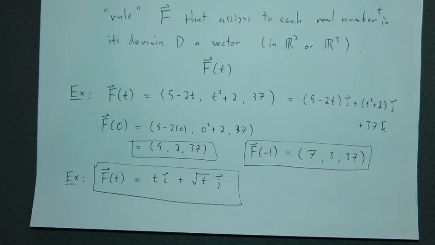Okay. So the first thing that you note is that this vector valued function is not defined for all real numbers t. Okay, so in fact there are restrictions here.